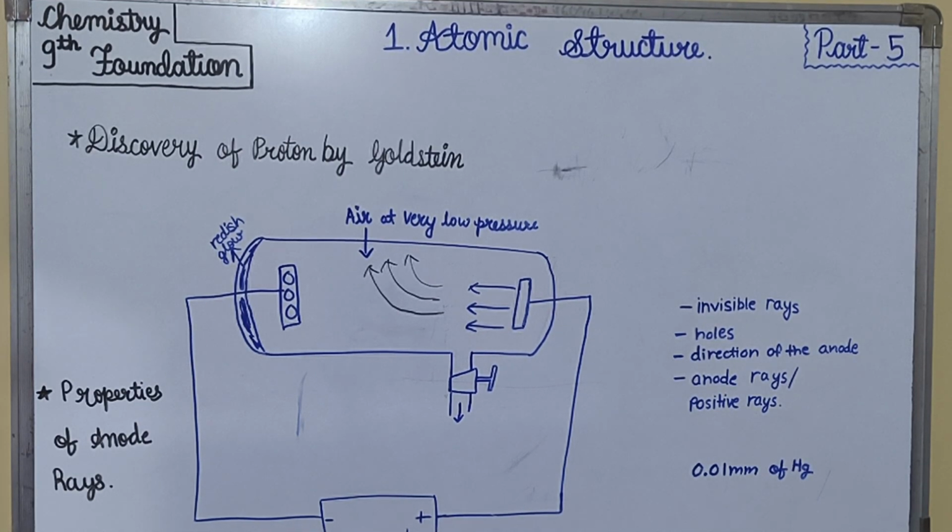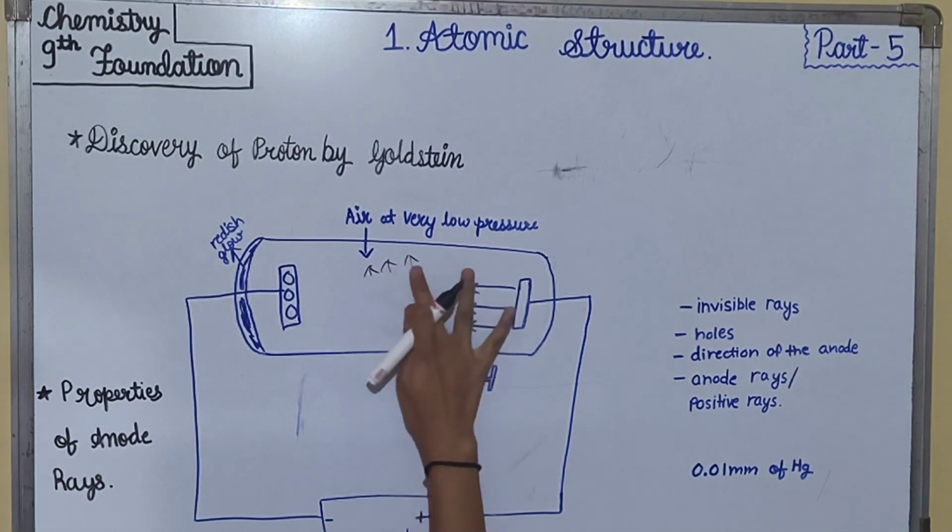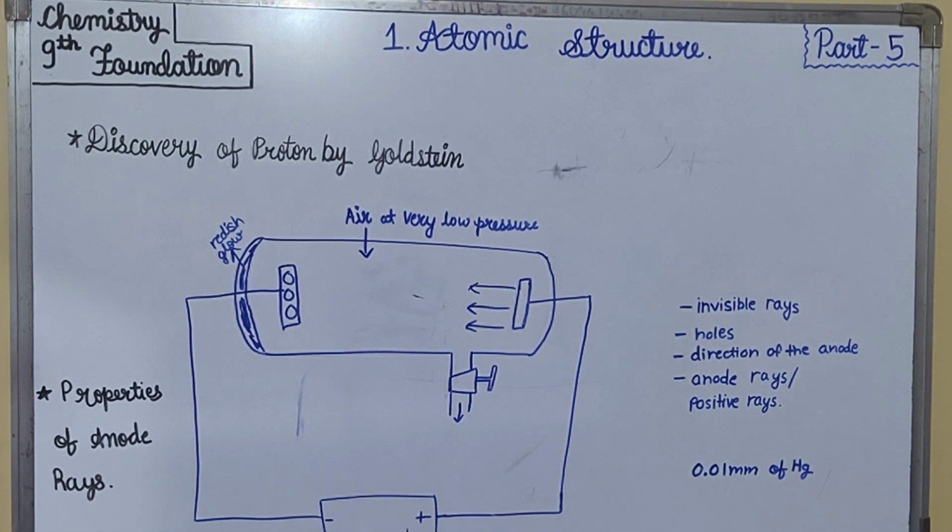Then the fourth activity done was anode rays were allowed to pass through a magnetic field.